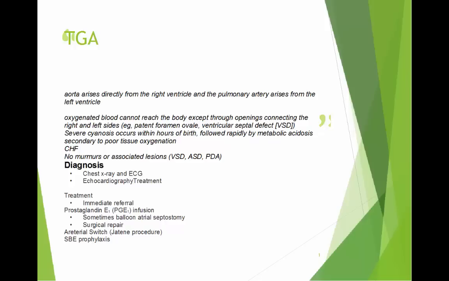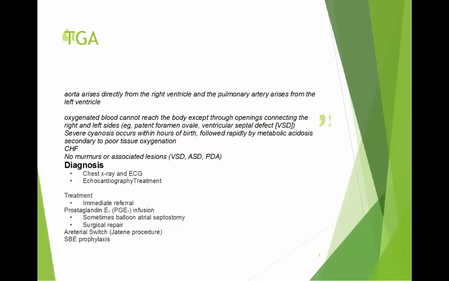Except for generalized cyanosis, physical examination is rather unremarkable. Heart murmurs may be absent unless associated with a loud S2. Diagnosis is by echocardiography. It has to be suspected if the baby is cyanotic at birth.